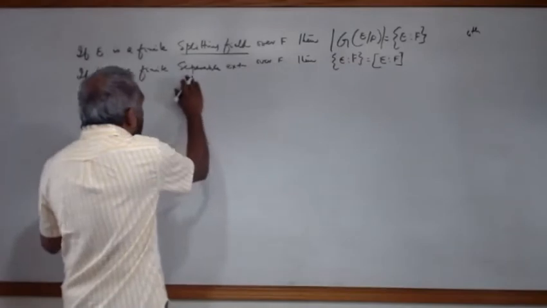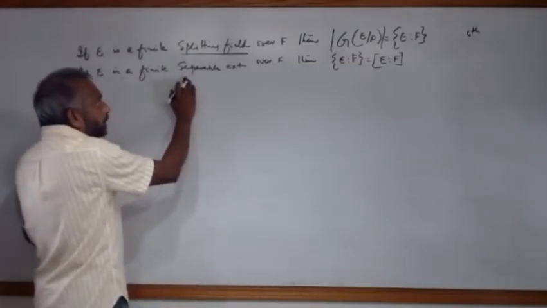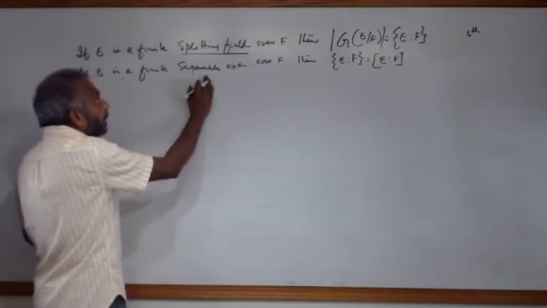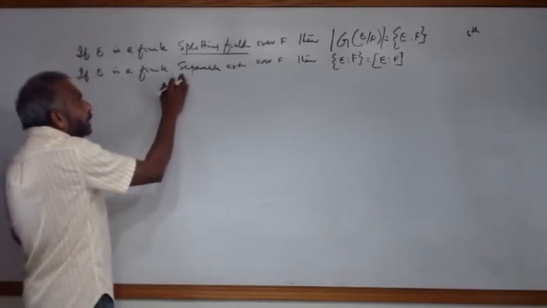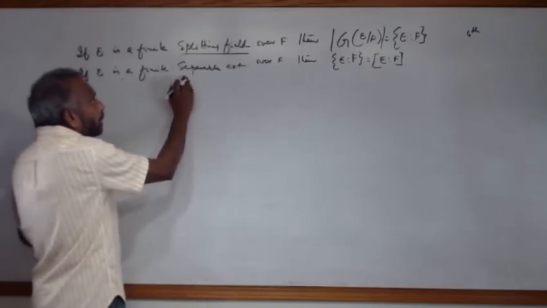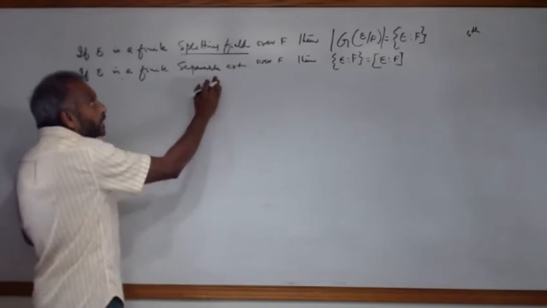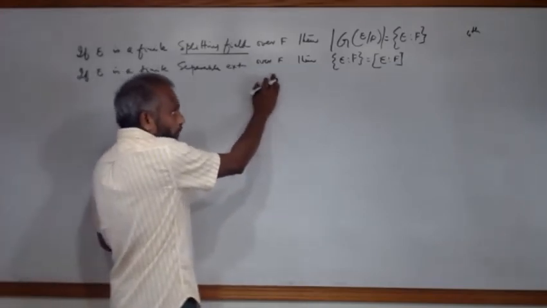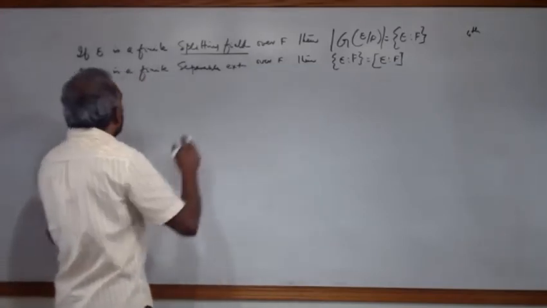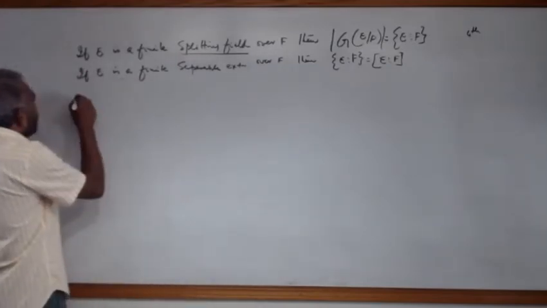But you remember the necessary and sufficient condition for an extension to be separable is that the irreducible polynomial of every element has zeros with multiplicity 1. So we are going to combine these two to form a new definition.